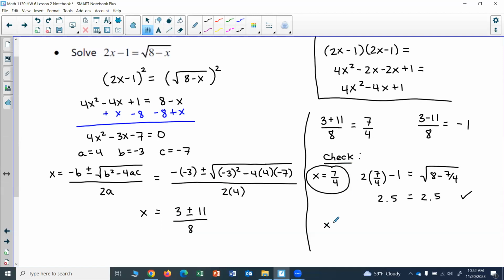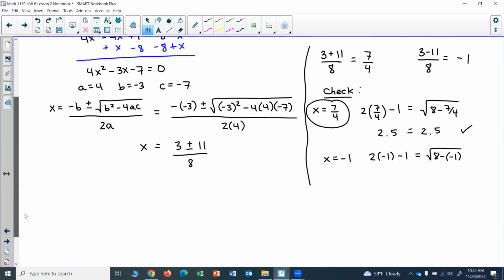Now I'm going to check x equals -1. So I'll have 2 times -1 minus 1 equals the square root of 8 minus -1. All right, so I want to go ahead and check that. On the left-hand side here, 2 times -1 is -2 minus 1, so I get -3.